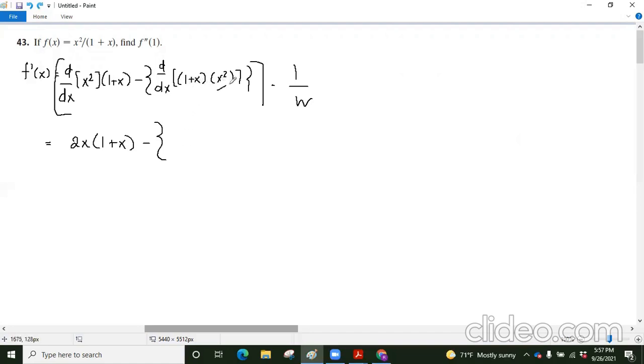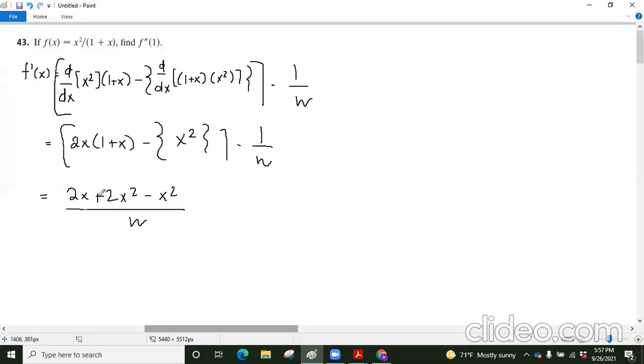That's just 0 plus 1 times x squared, which is just x squared, over, or in brackets, 1 over h. This comes out to 2x plus 2x squared minus x squared over h, which comes out to 2x plus x squared over h, which means the first derivative, f prime of x, is equal to this.